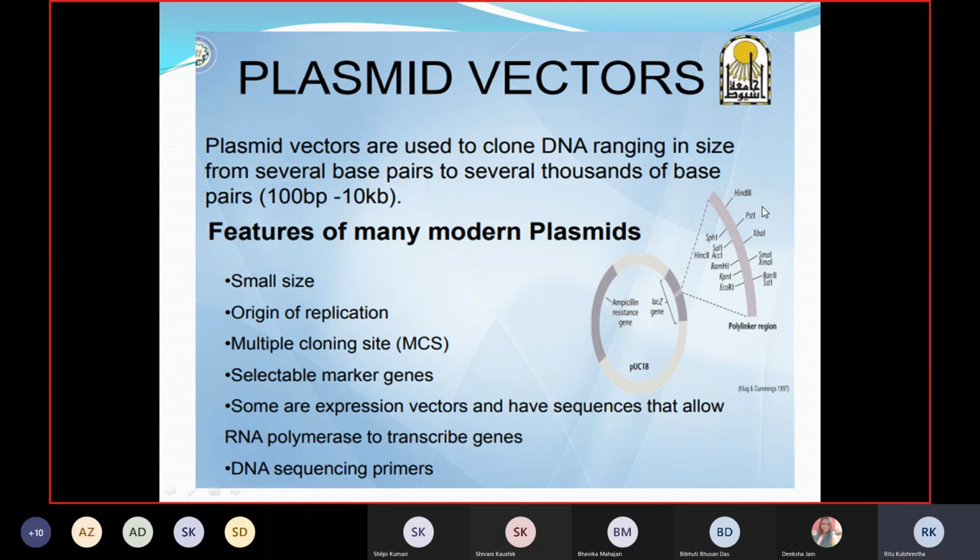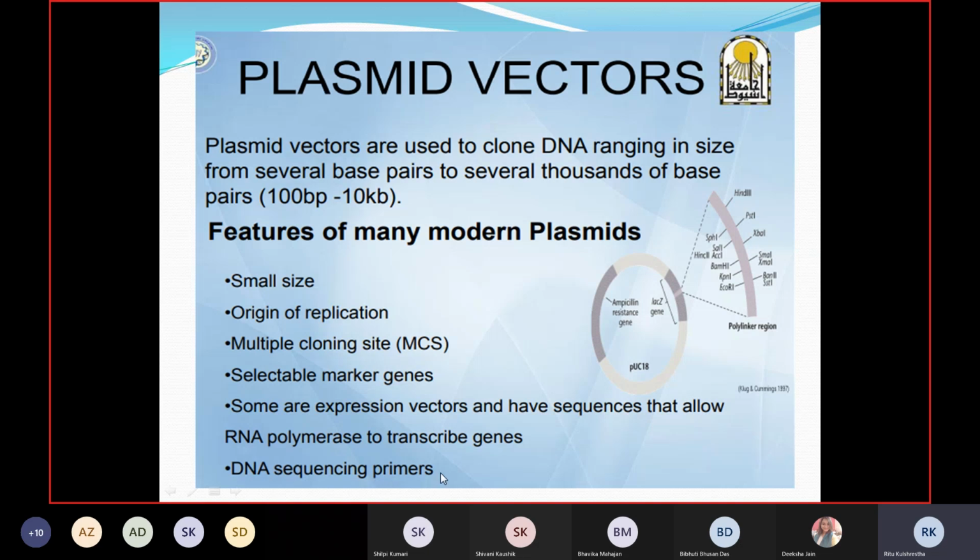If any user wants to sequence the gene that has been inserted, there are some universal sequencing primers which are generally present in any company where you send your clone for sequencing.